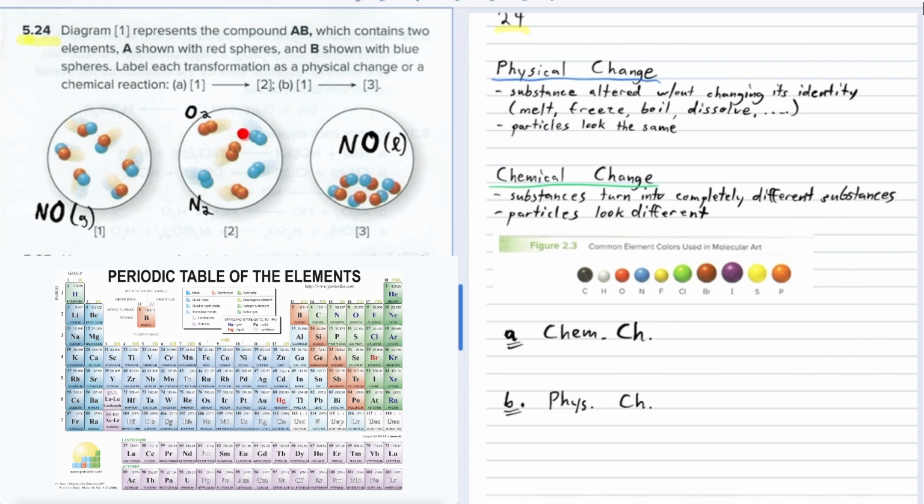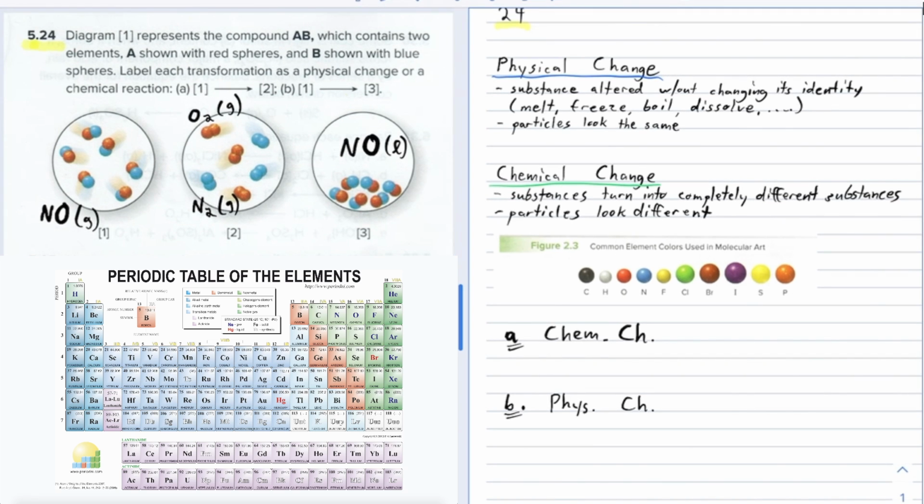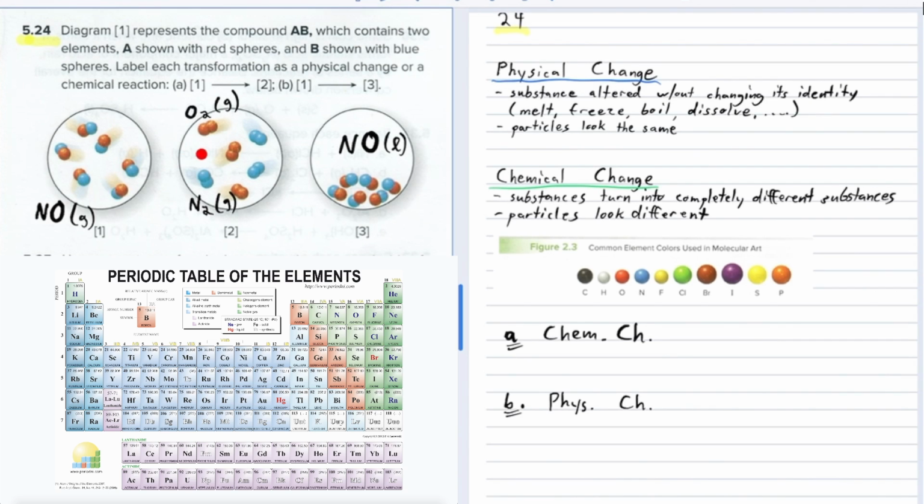And then what about here? All of these are far apart, so the oxygens are far apart. I would say that's O2 gas, and this is N2 gas. So with that, we could even provide the chemical equations for transformation A and transformation B. Transformation A, you have 1 going to 2.